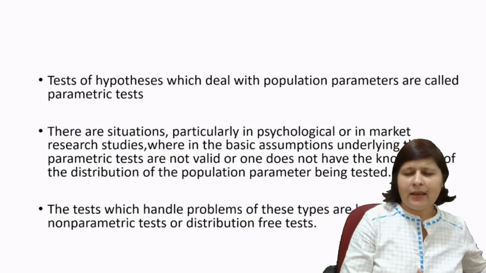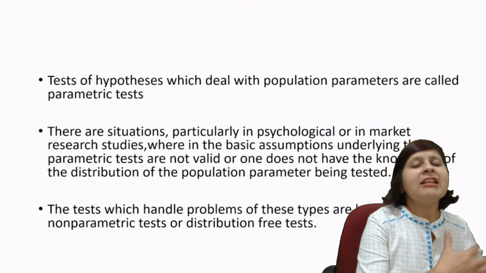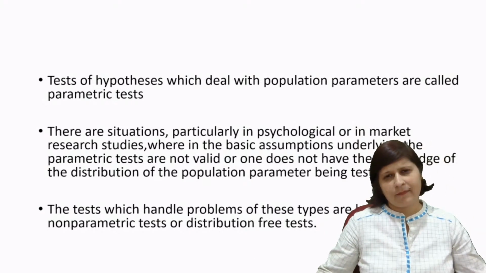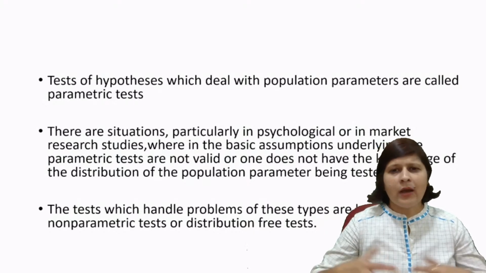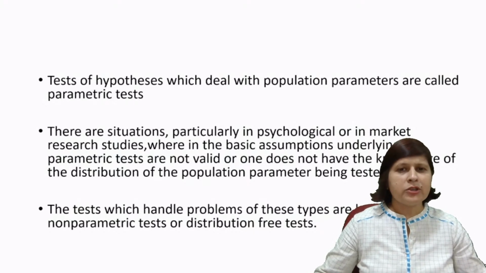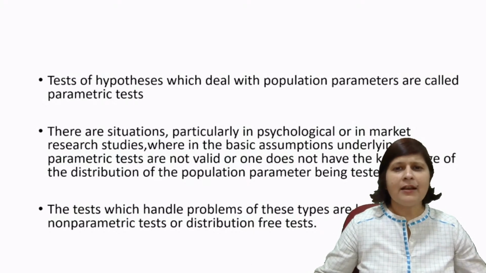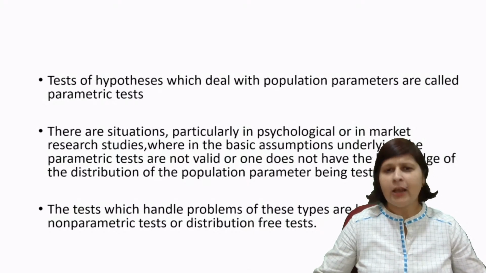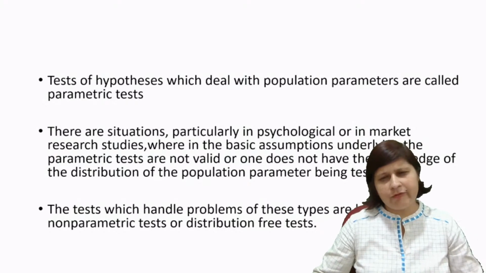You cannot say whether people will like the packaging of the product or not. You launched a new product and you want to know about the liking of consumers about the packaging of that product, whether people like the packaging of that product or not.